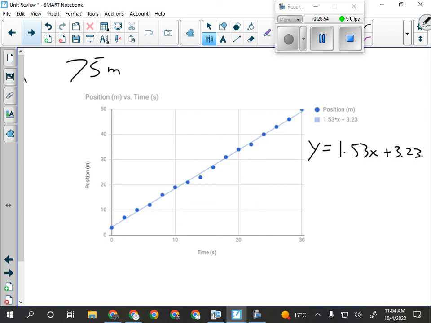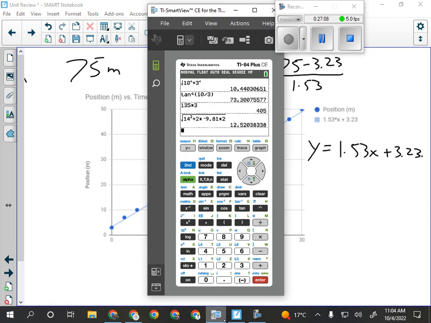So that means x equals y minus b over m: 75 minus 3.23, divided by 1.53. Okay, 47 seconds.